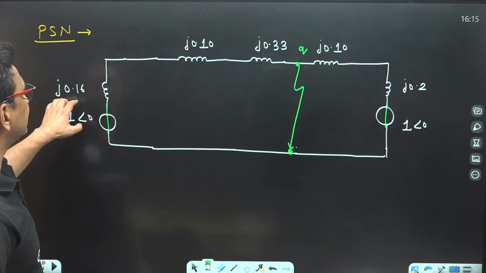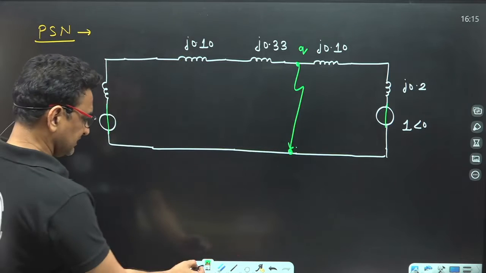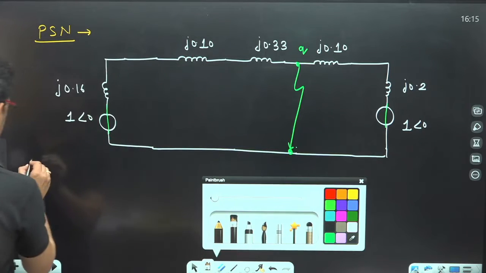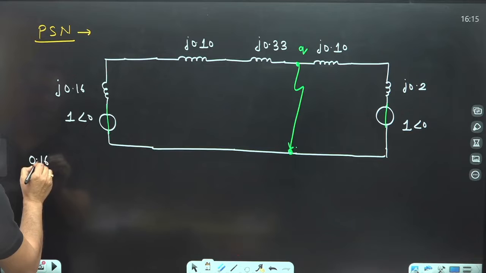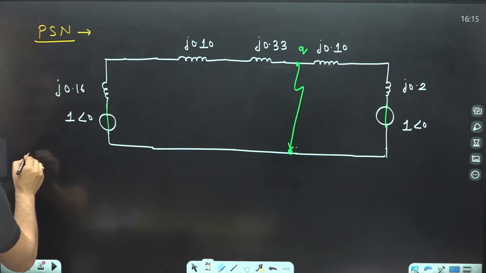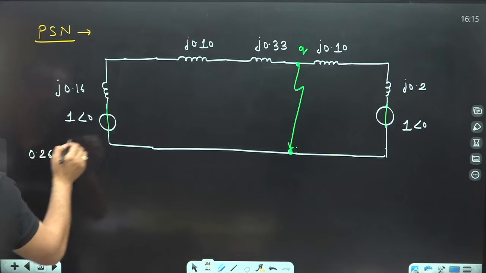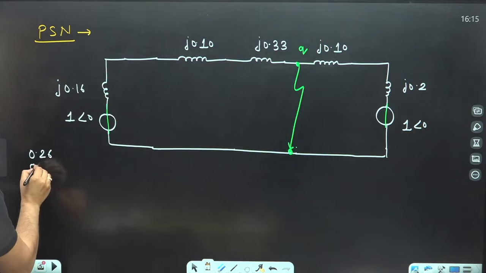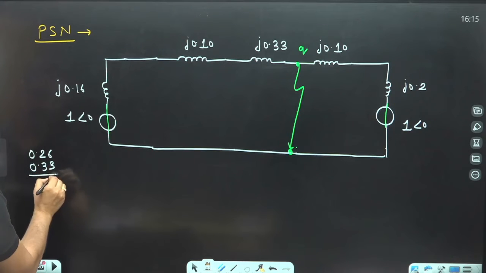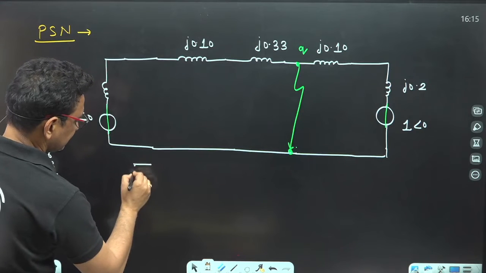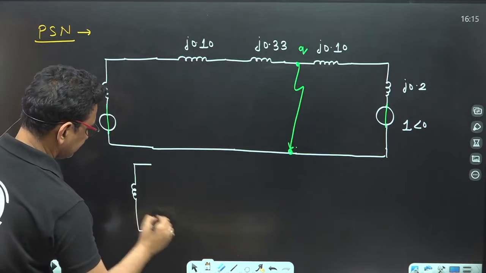So 0.16 plus 0.10 becomes 0.26, and 0.26 plus 0.33 is 0.59.